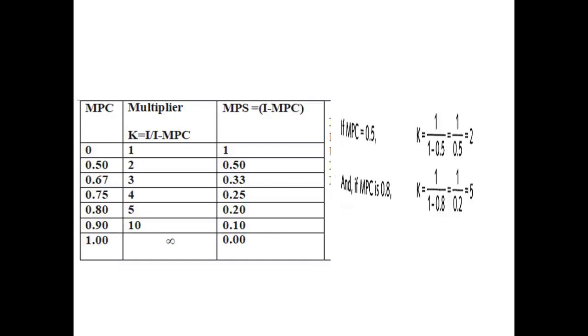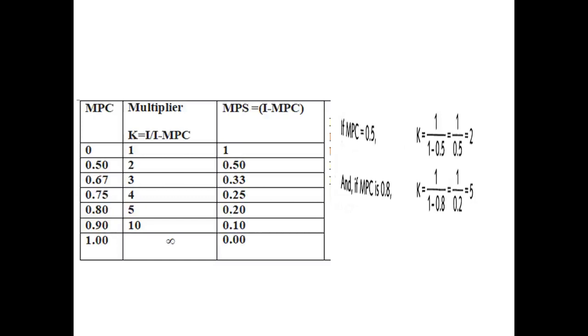Yes, friends. You can see in the table, MPC 0, multiplier is 1. MPC increases to 0.5, multiplier is 2. No need to cram it. In the right side you can see, if MPC is equal to 0.5, 1 upon 1 minus MPC, 1 upon 1 minus 0.5, it is equal to 2.